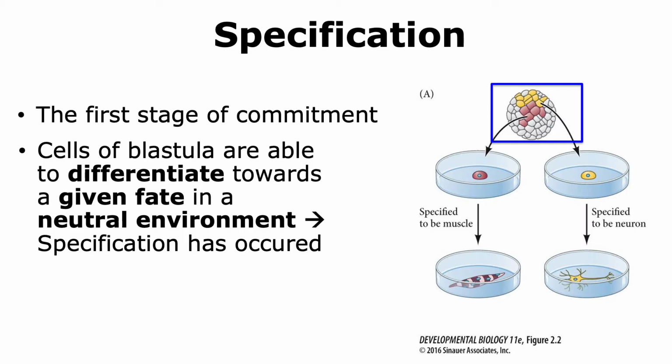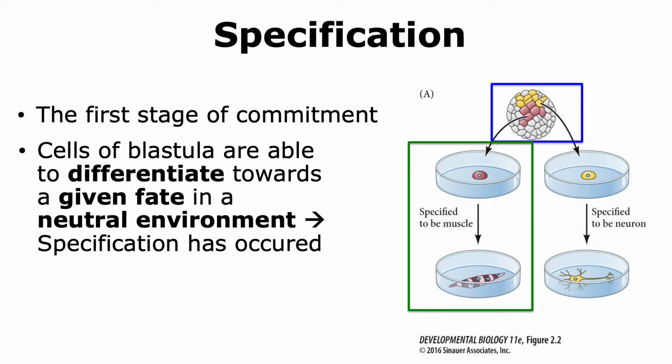If we take one of these cells that will become a muscle cell and place it in an environment that is neutral, where the cell is not provided any kind of information of what it is supposed to become, and if the cell is still able to become a muscle cell, then specification has occurred.